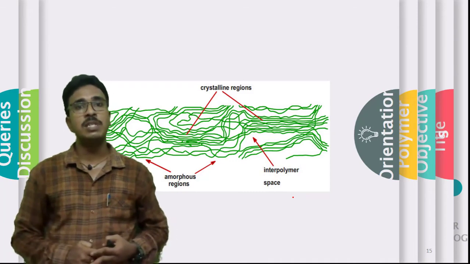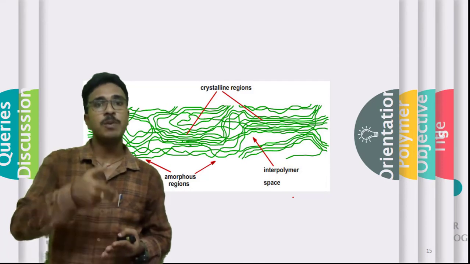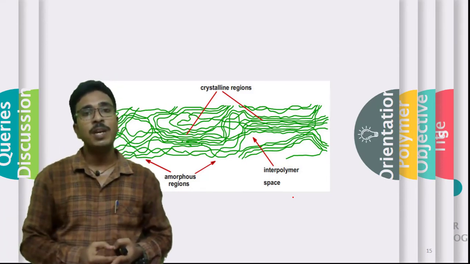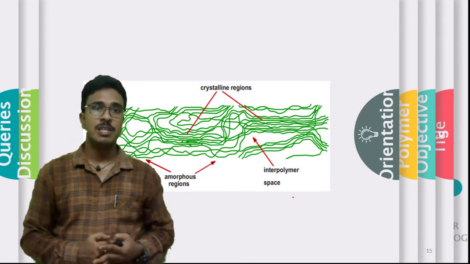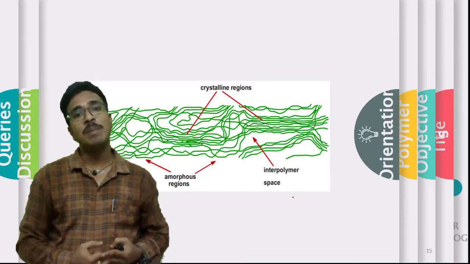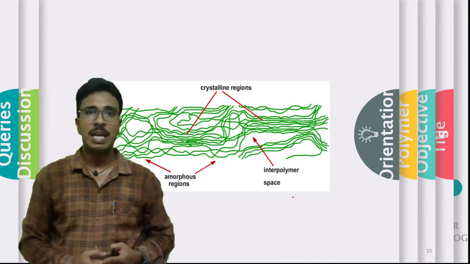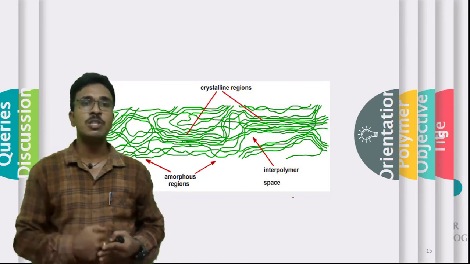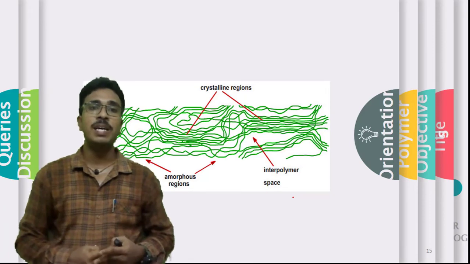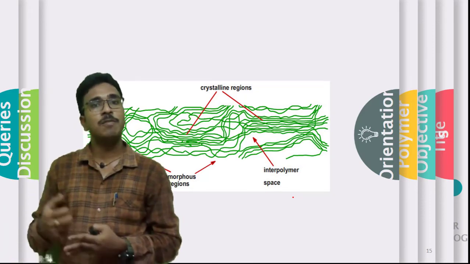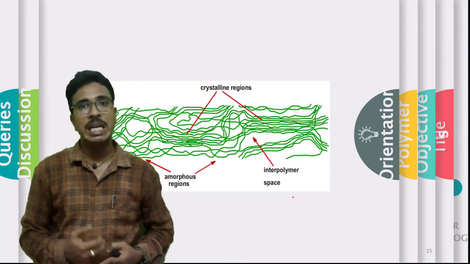When it comes to the amorphous region, because of the presence of gaps, if we put a drop of water on the polymeric system, the water can be absorbed easily by these amorphous regions, which makes the polymer absorbent towards either water or dye particles. Understand? Depending upon the proportions of crystalline and amorphous regions in a polymeric structure, the property of hydrophilicity or hydrophobicity of a polymer is decided.